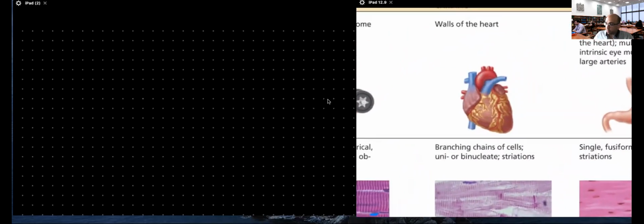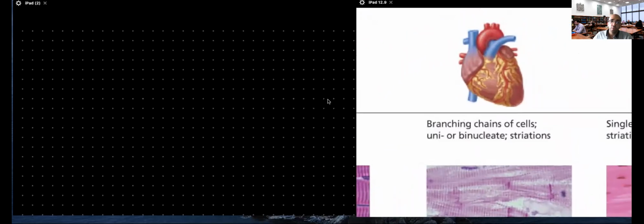We've seen another type of muscle tissue, the cardiac muscle tissue. If you remember, cardiac muscle tissue was present in the wall of the cardiac chambers of the heart.